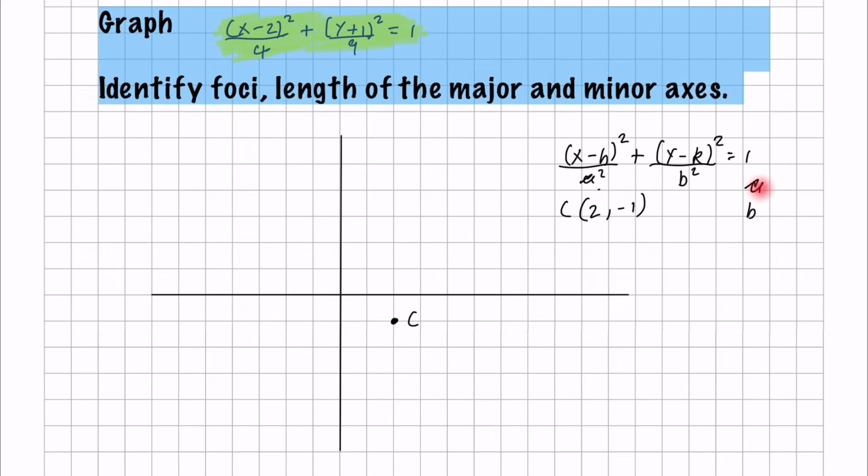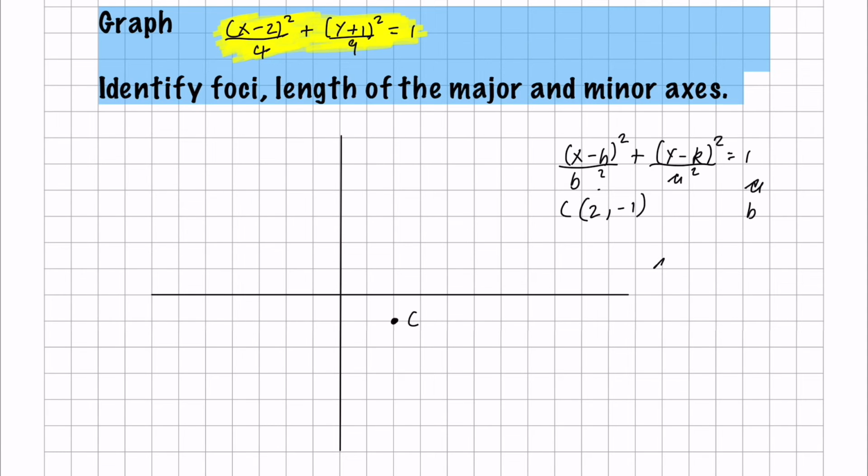Now, a is always going to be our largest length. Over here, this 9 is greater than the 4, so our a is not underneath the x, but underneath the y. So let's get rid of that and put the a over here and b over here.